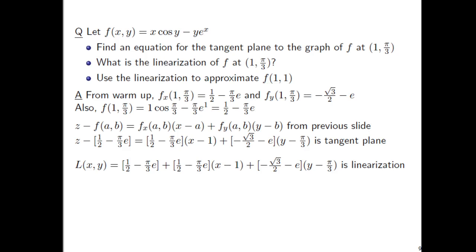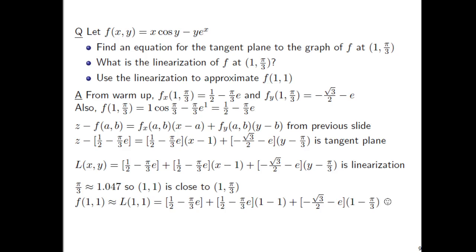Now, all of this work is stuff we've done without needing to use a calculator at all. Here's the great part. Now we can use this linearization to approximate f of 1 comma 1.